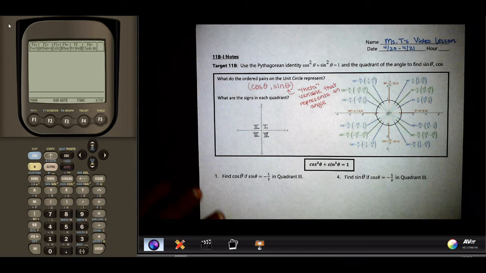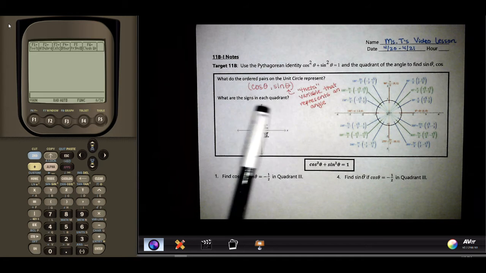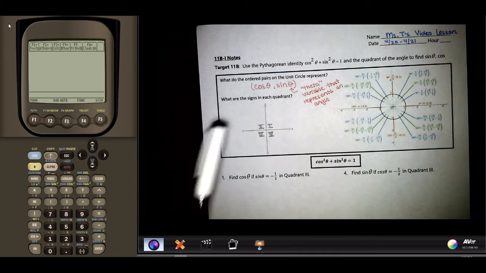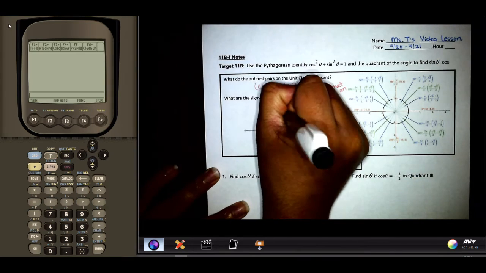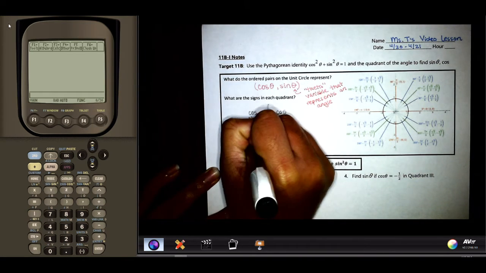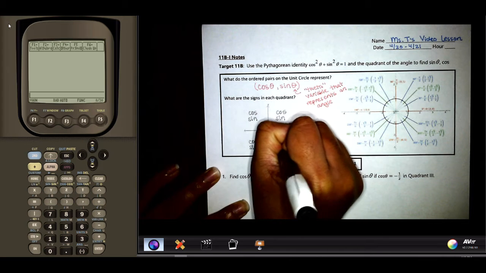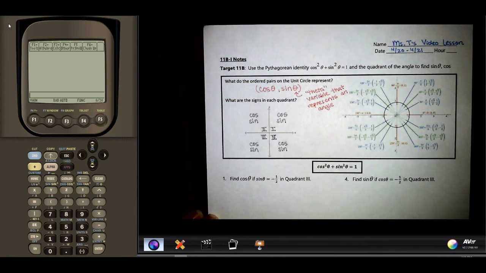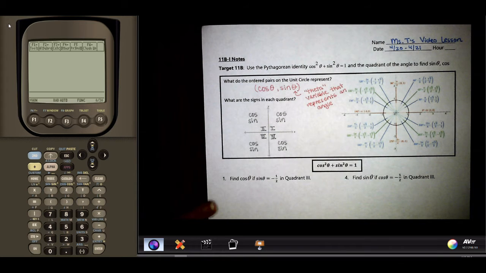Hopefully we recall that the quadrants are numbered 1, 2, 3, and 4 in counterclockwise order. Our goal is to figure out the signs of cosine and sine in each quadrant. To do that, we're going to remember that cosine goes with the x variable and sine goes with the y variable.